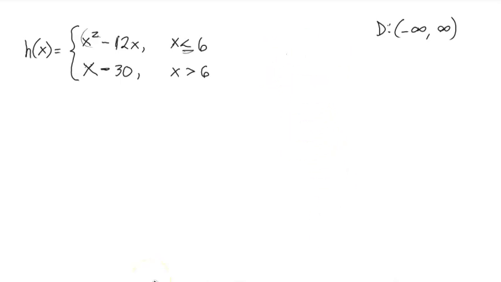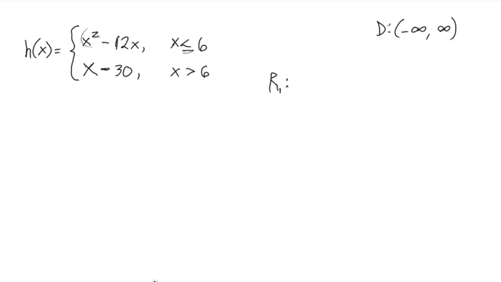Now let's identify the range of each of these pieces. To identify the range of the first piece, remember to find the range, first we're going to have to plug in this number. So we're going to plug in 6. 6 squared is 36. 12 times 6 is 72.